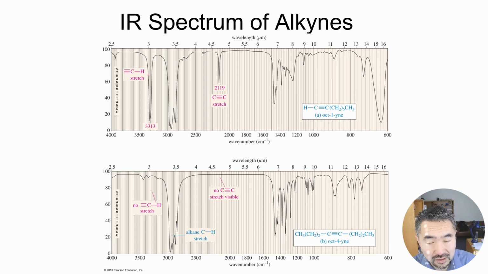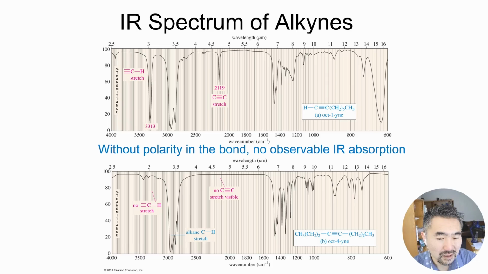So there's quite a bit of electronegativity disparity between the left and the right, and that's why you see the stretch, but we don't have that in the symmetrical internal alkyne, so you don't see it there. And of course, there's no CH stretch because there's no alkyne CH. So these internal alkynes are hard to spot from an IR.